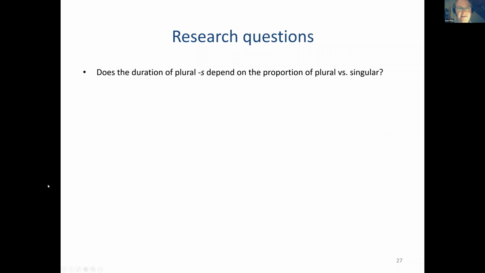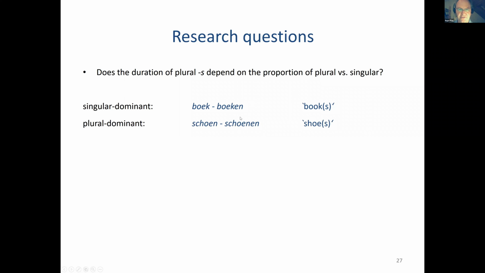And what we were interested in is the duration, again, of our famous plural S. Does the duration of plural S depend on the proportion of plural versus singular? That means, what's the structure of the paradigm? Is this a word that is plural dominant or singular dominant? I illustrate this here with EN plurals, but the same story holds for S plurals.